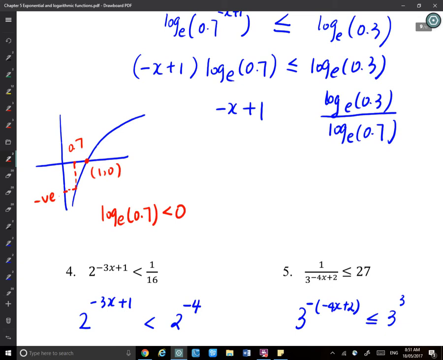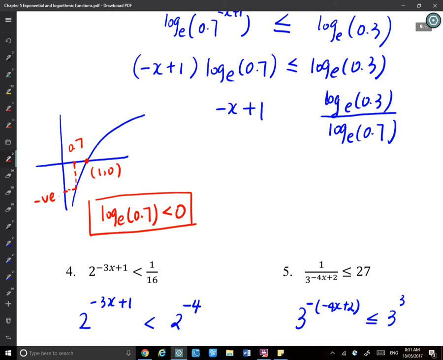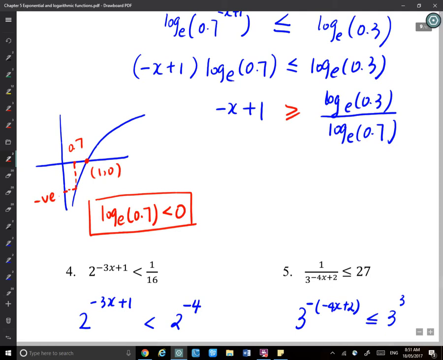So you are actually dividing by a negative value. That is the most difficult thing for this type of question. When you divide, you might think, oh, there's no negative sign, it's positive and I don't need to change the sign. And that's the place where you make a mistake. So you will have greater than or equal to for the sign here because you divide by a negative number.